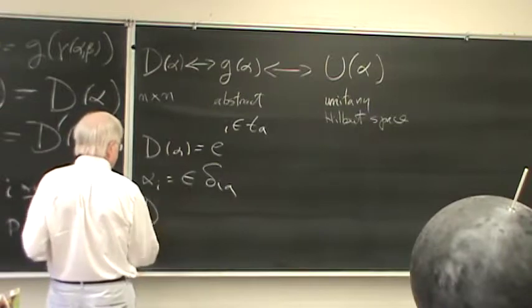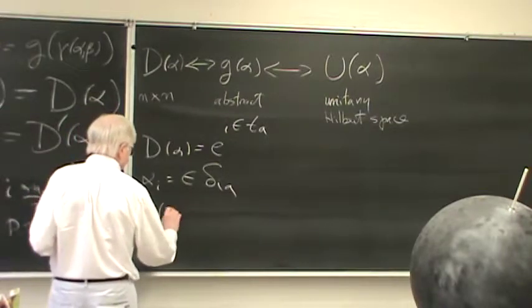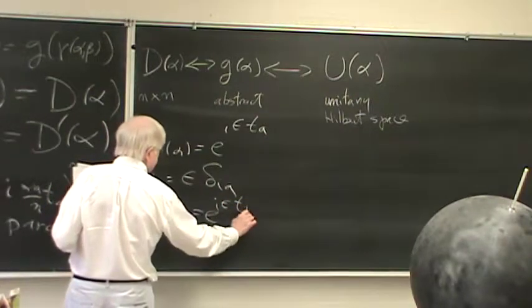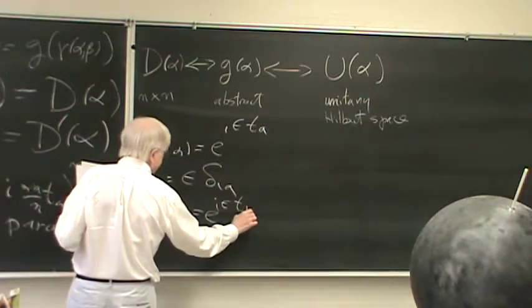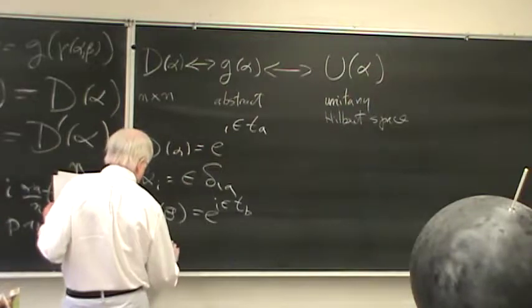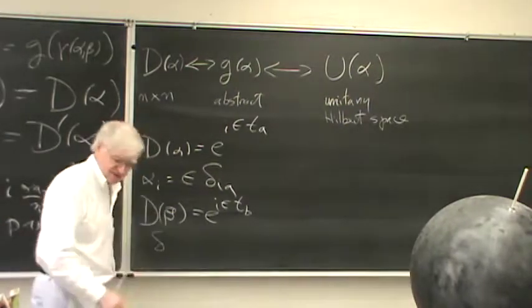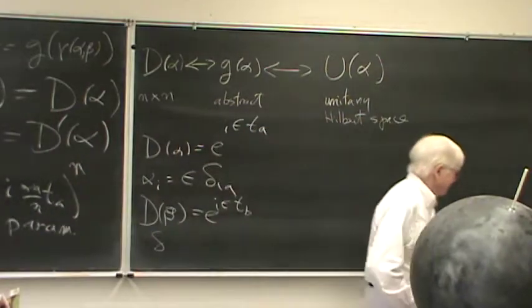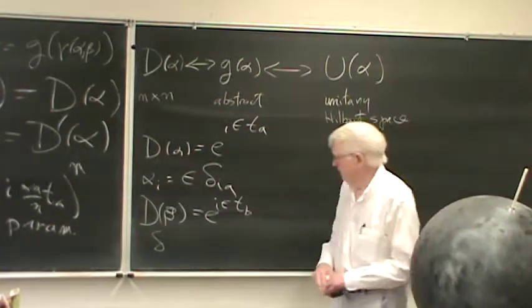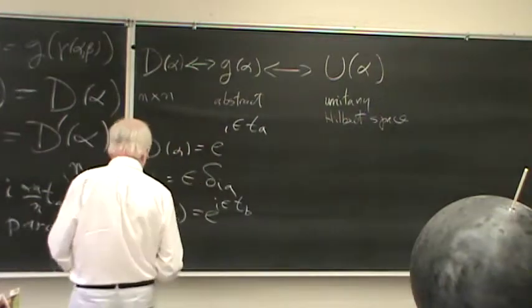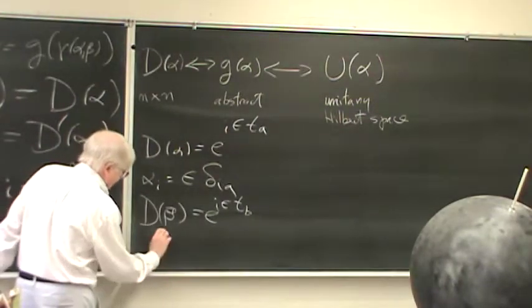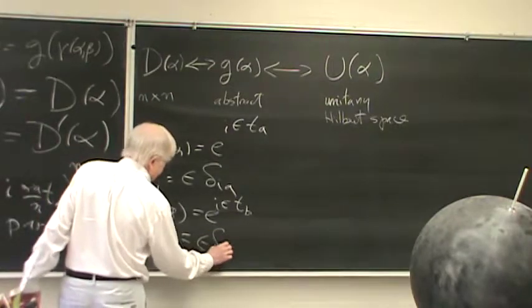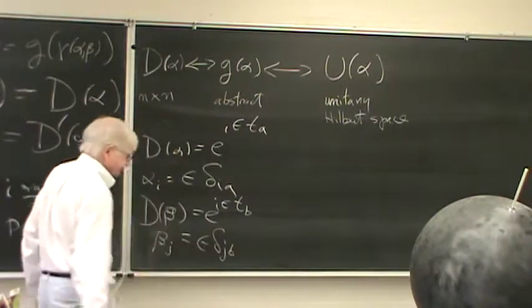And we can choose D of beta as e to the i epsilon T_B, by saying that beta_j, say, is epsilon delta_jB.